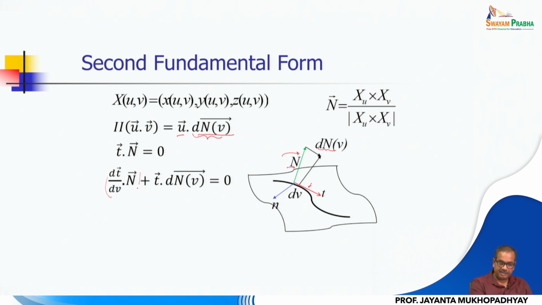So how the tangent is varying with V, with the dot product of n and this t, can be, as we have seen earlier for the parametric curve, the gradient of the tangent along the parameter, expressed in terms of the curvature and the normal of that curve. So that is how the curvature comes into the picture.